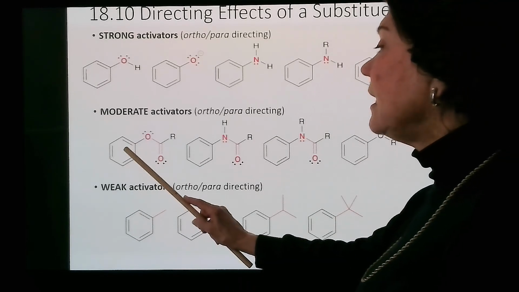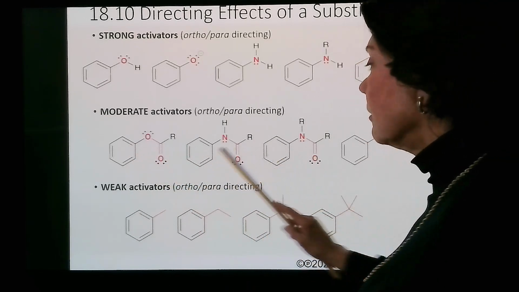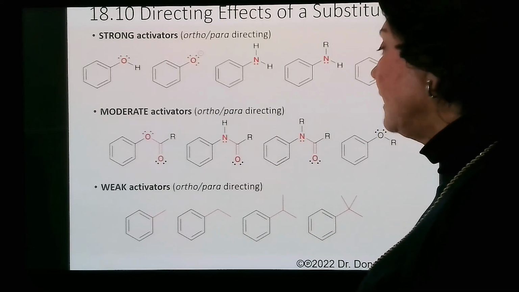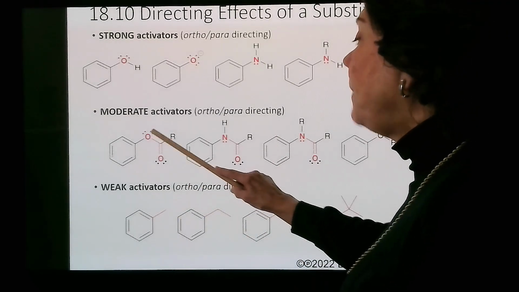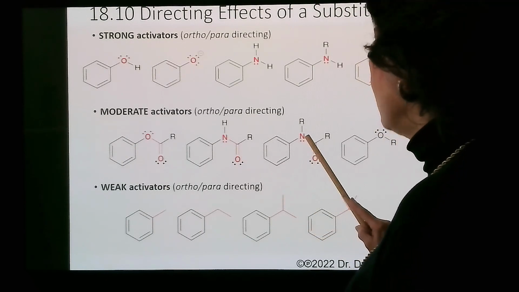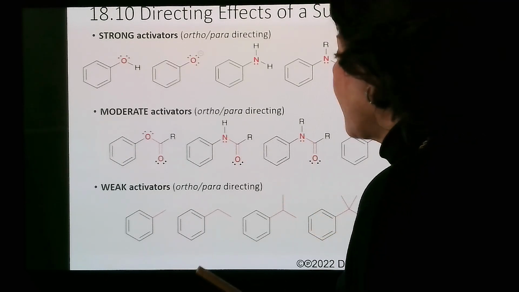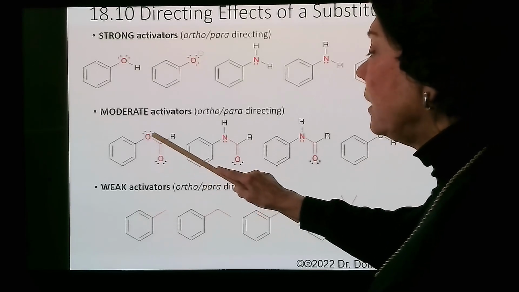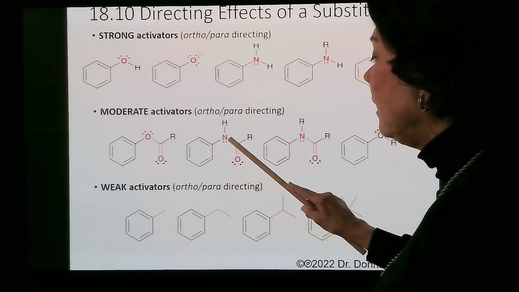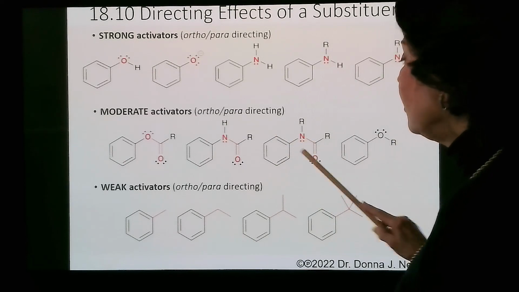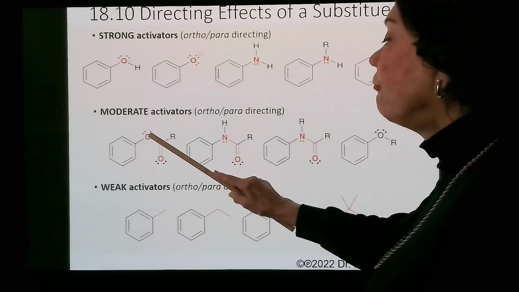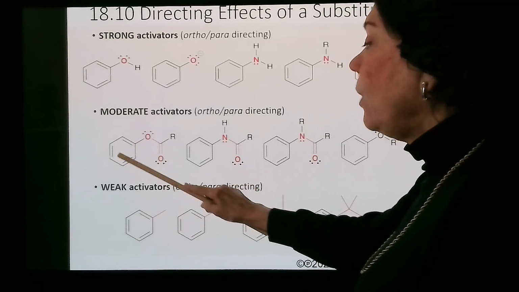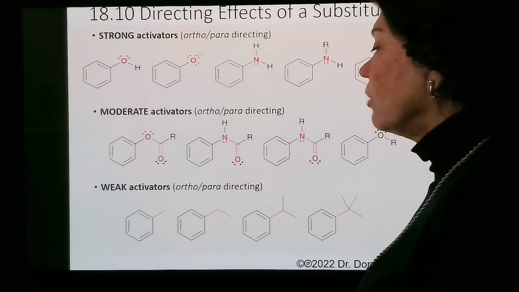Now let's look at these moderate activators here. They still have ortho-para directing effects. Notice they also have pairs of electrons. But these electrons are also in conjugation with this carbonyl. And so these electrons are not so free to interact with the pi electrons in the benzene ring.